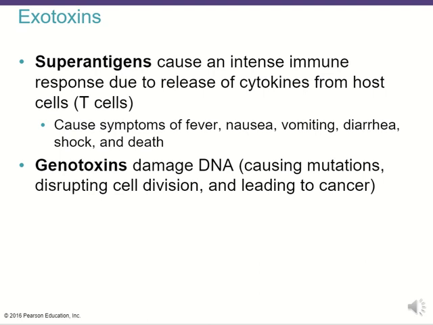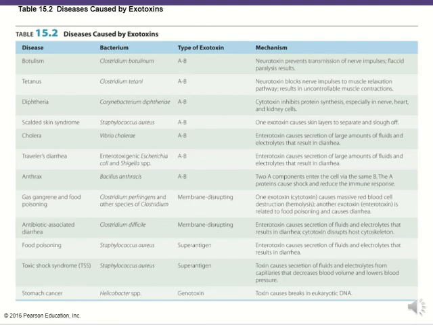These can cause symptoms of fever, nausea, vomiting, and a variety of other things, including death itself. There are genotoxins that cause damage to a host's DNA, which can result in mutations, preventing the typical action of cell division, or even leading to situations such as uncontrolled cell growth, which is cancer.